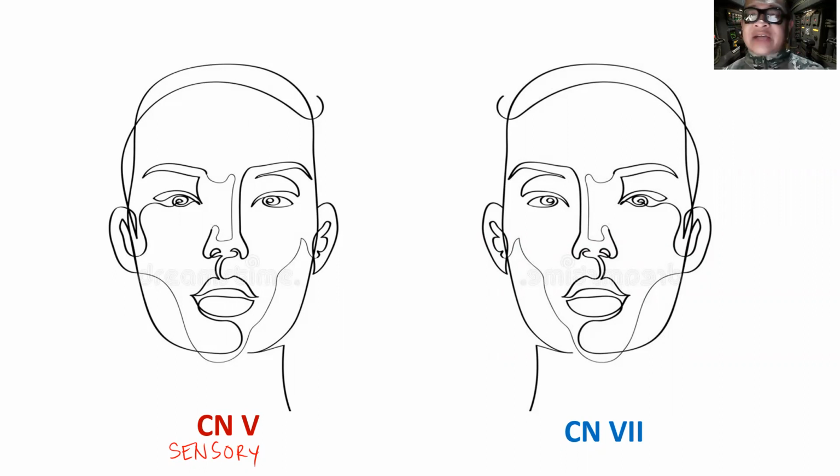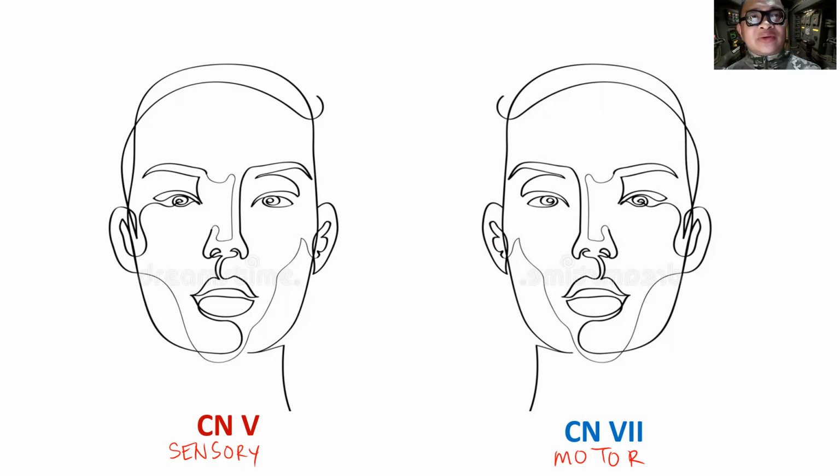Cranial nerve 5 has two major branches. The larger one is sensory. Contrast that with your cranial nerve 7, your facial. When you talk about the face and cranial nerve 7, you're talking about the motor function of your face. Okay, so let's go to cranial nerve 5.